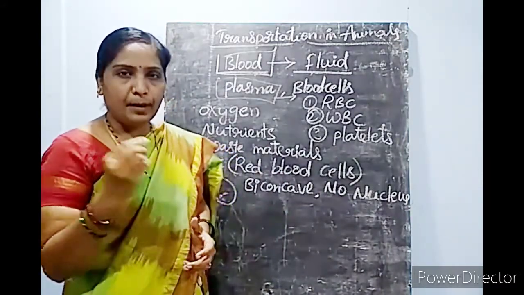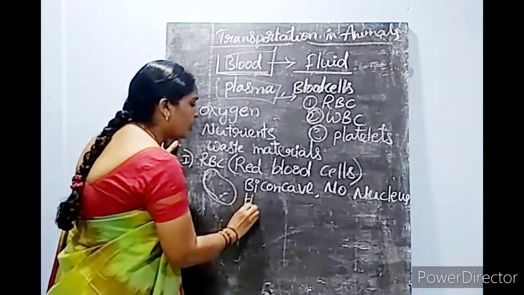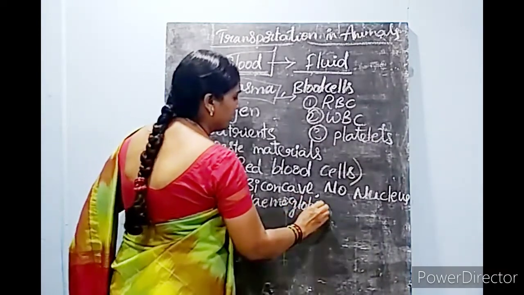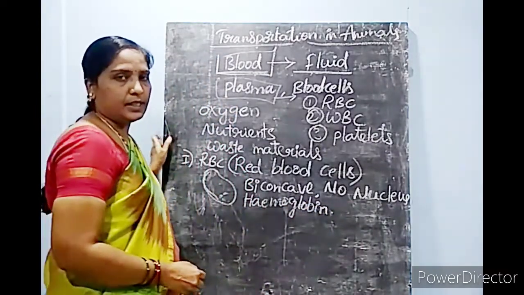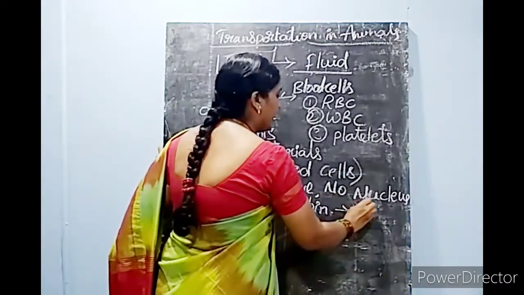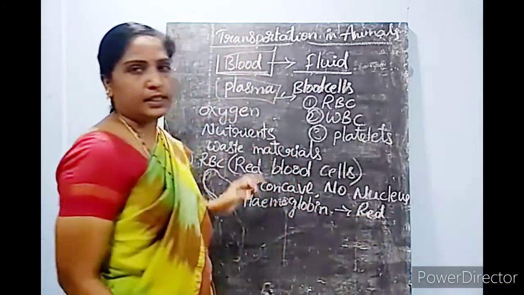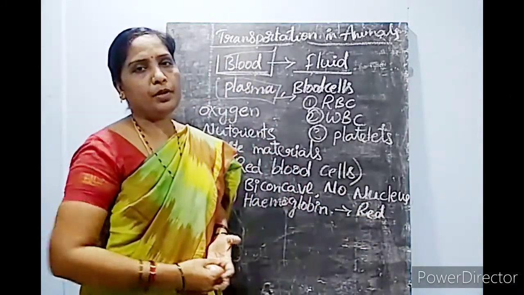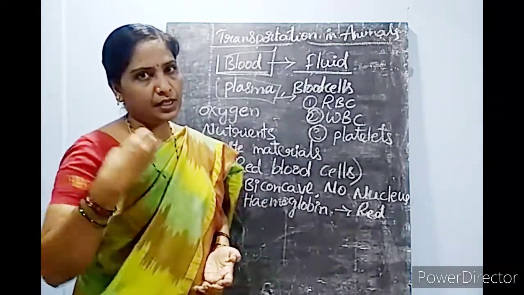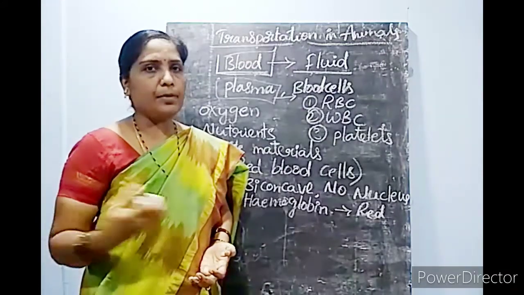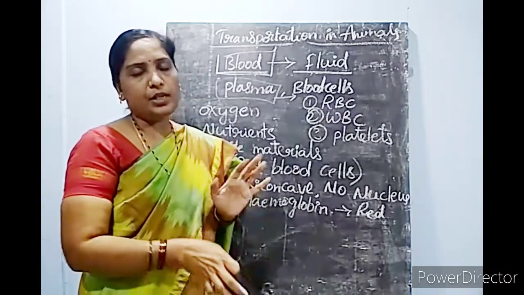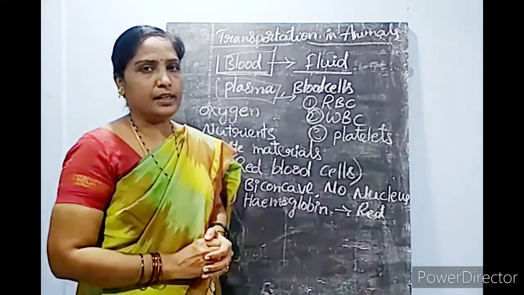They have a pigment called hemoglobin. Hemoglobin pigment is present in red blood cells. Because of this only, it gives the color to our blood, that is red color. Anybody, whatever their region or caste, female or male, gender does not matter, all human beings' blood is red in color.